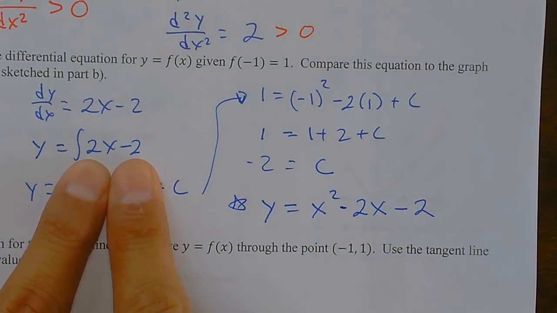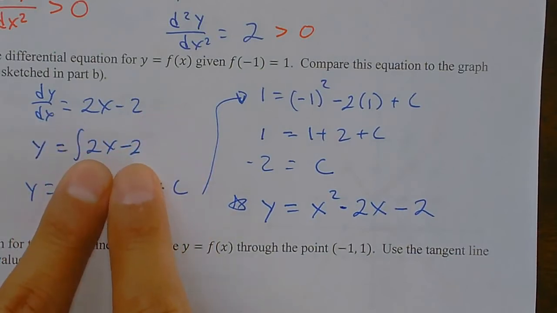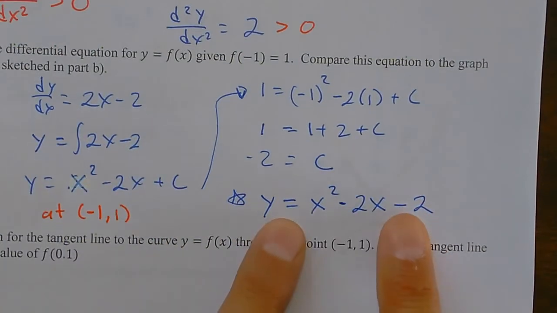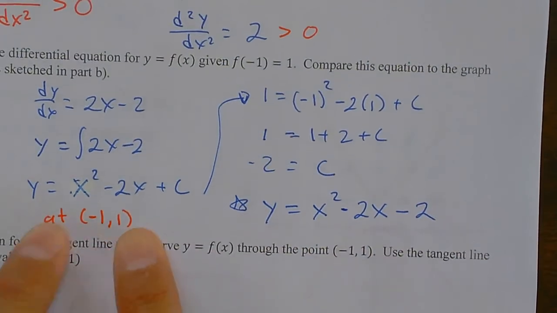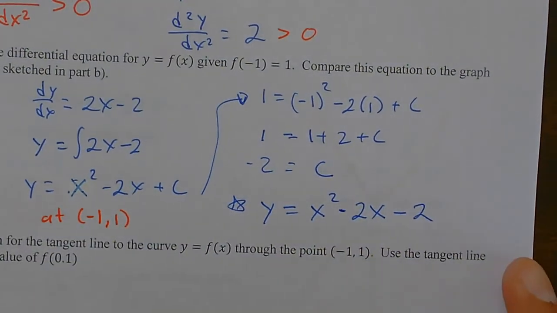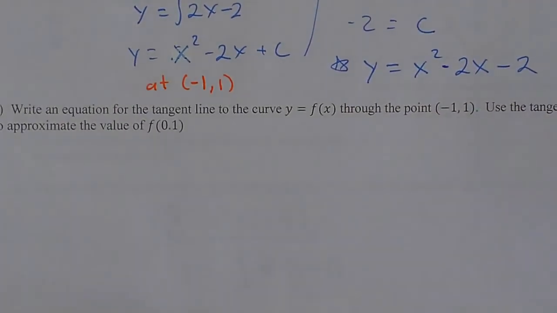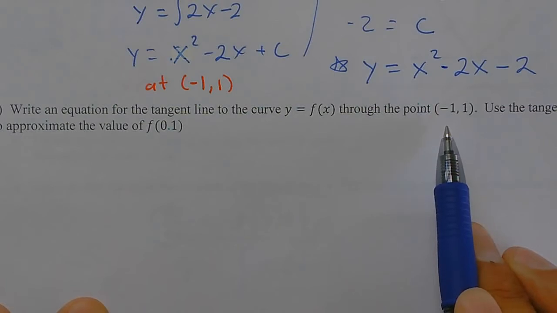One more piece, asking me to write an equation of the tangent line to the curve at that point, and then use the tangent line to find the value. The second part is something new we haven't talked about. But the first part we have talked about, the equation of a tangent line. I know a point, -1, 1. It was given.